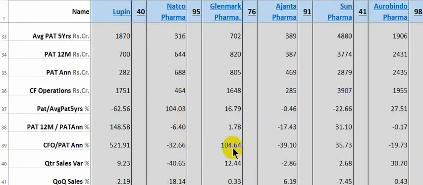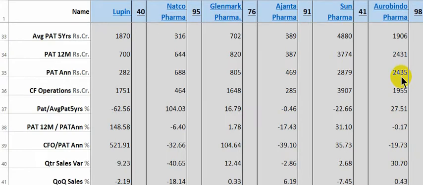Glenmark managed a cash of 104 CR more than the earnings. Ajanta Pharma fell short by 39%. Sun Pharma had excess cash coming in by 35%, and Aurobindo Pharma was short by 19%.